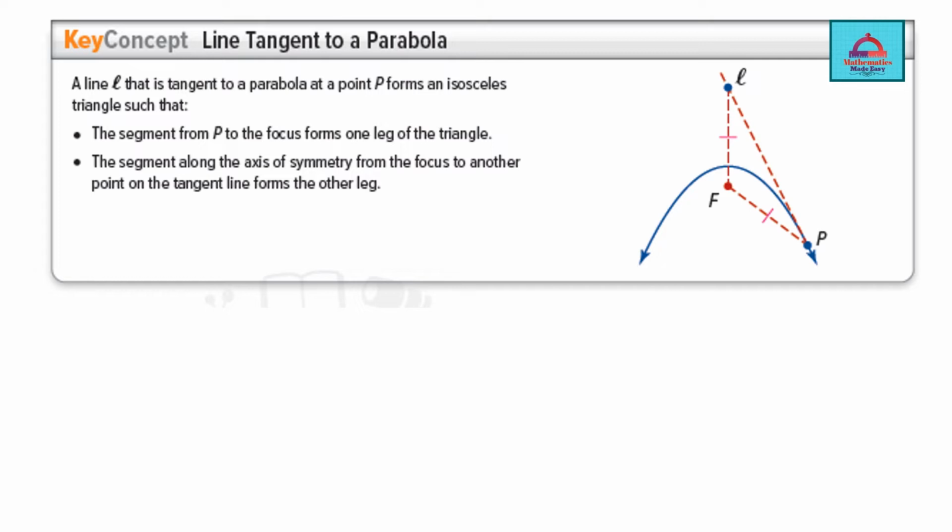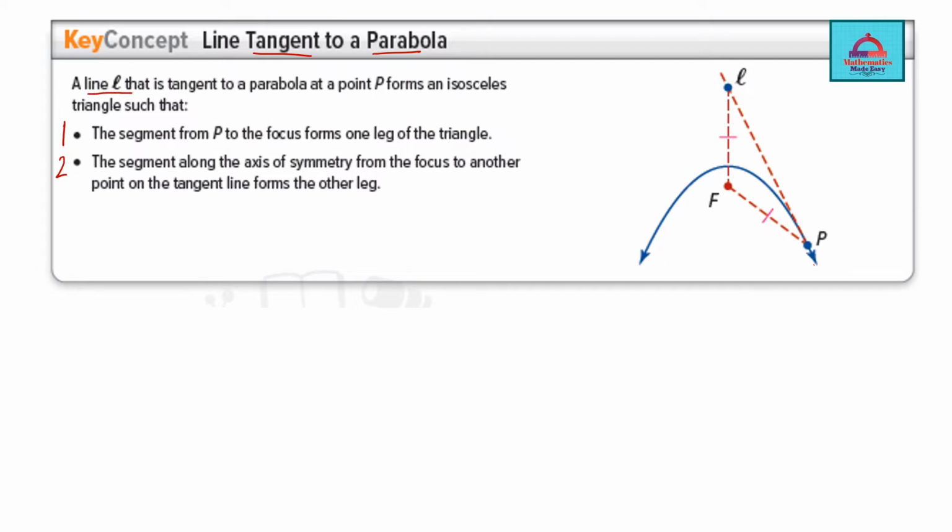So how do you find the tangent to a parabola? This is the shape of a parabola and you have a point on the parabola. The line that touches the parabola at only one point, that's what is called your tangent. And there are two conditions that you will check. What are those conditions?